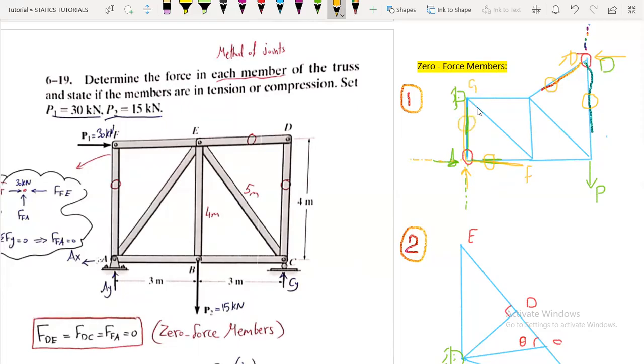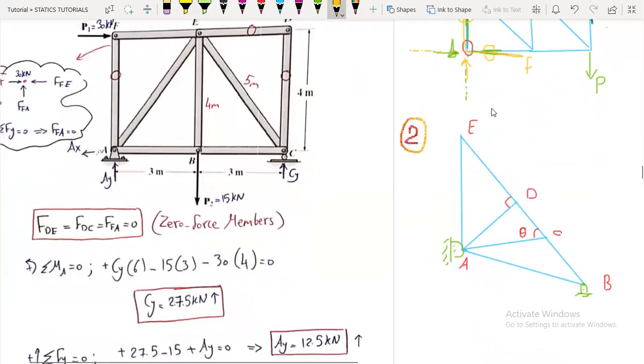The second case says that if we have three members, 1, 2, 3, let's see, here it is C. So we have ED, DC, and AD. But two of these members are collinear.